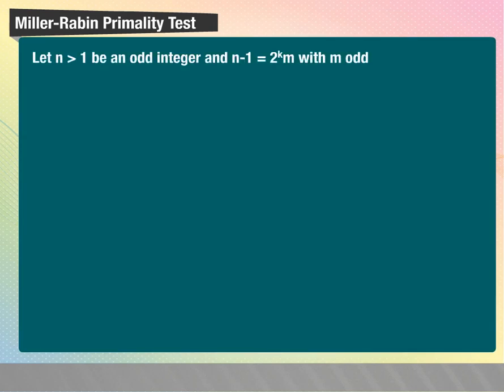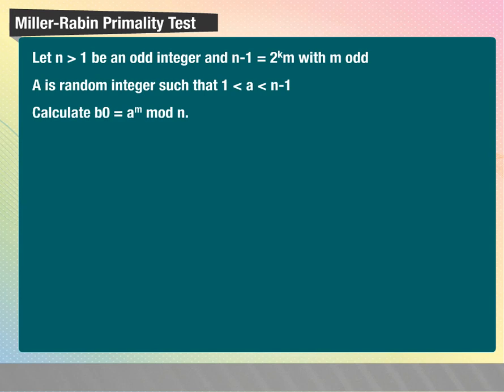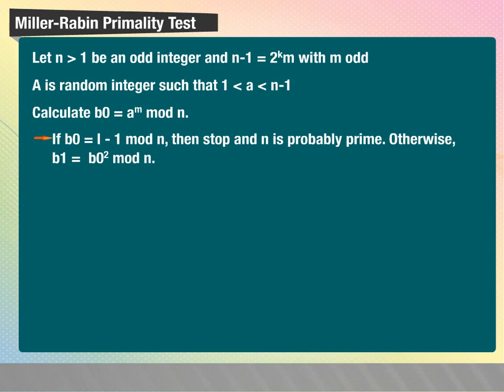Let n greater than 1 be an odd integer and n minus 1 equal to 2 to the power k times m, with m odd. a is a random integer such that 1 is less than a less than n minus 1. Calculate b0 equal to a to the power m mod n. If b0 is equal to 1 or minus 1 mod n, then stop and n is probably prime. Otherwise, b1 is equal to b0 squared mod n.